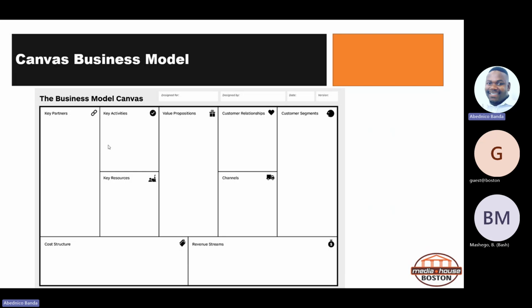What about key activities? What is it that we would do to sell or to promote those toys? What are the activities that would be involved? I think one of the things they mention here is service promotion, experience creation.